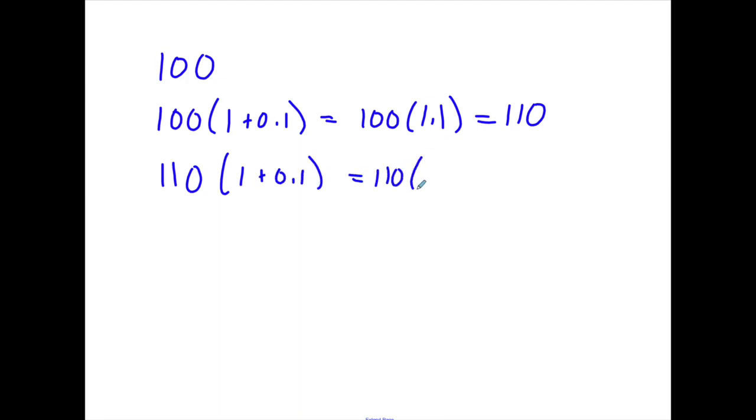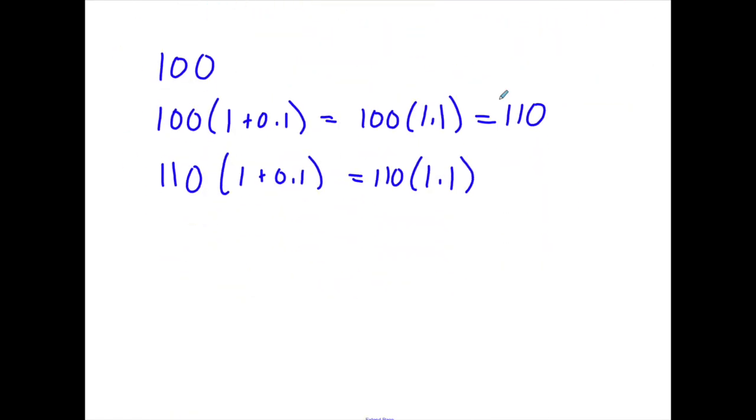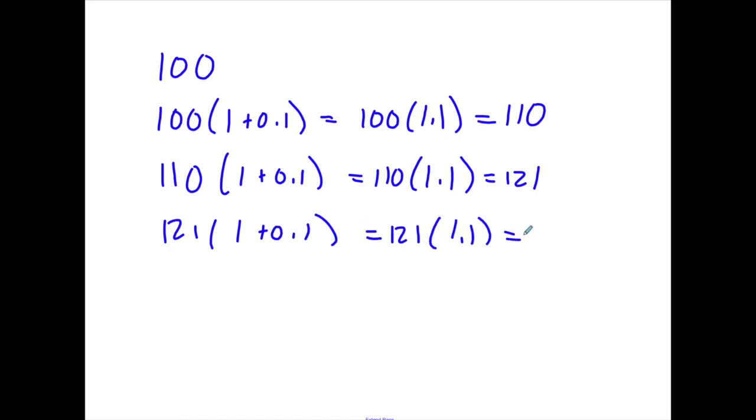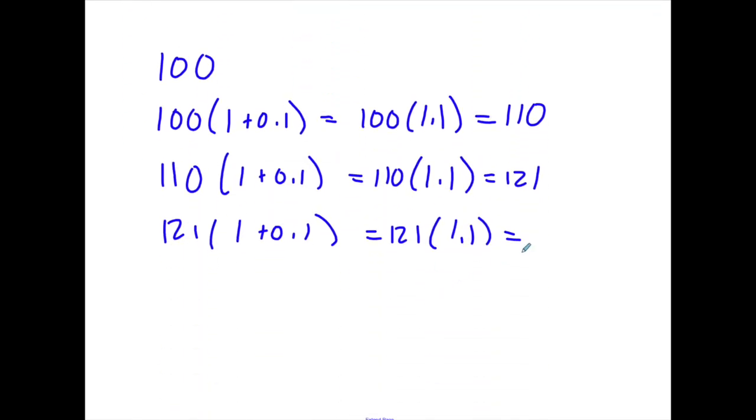And we said, all right, well, okay, that was 110 times 1.1. And right, we said that was 121. Okay, and then for 121, we got what? 133.1. Okay. Now look, I just noticed something though.